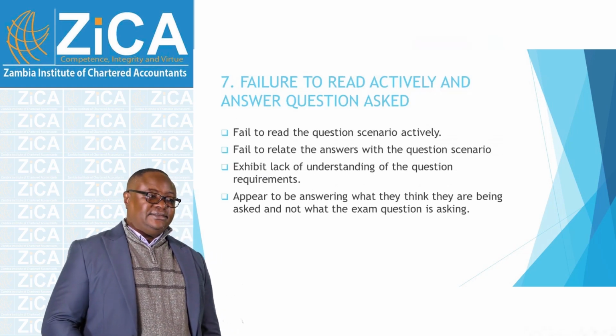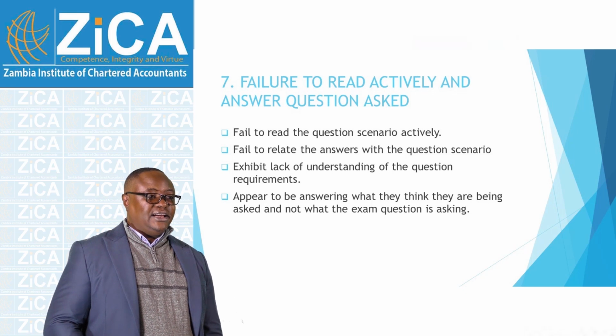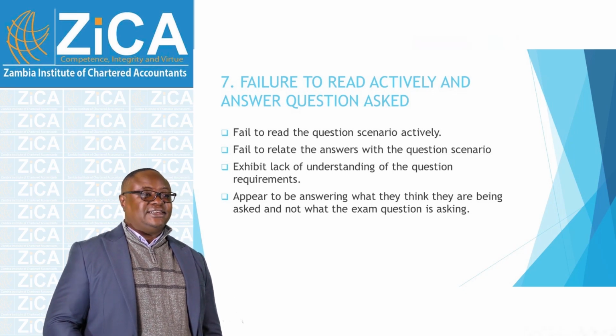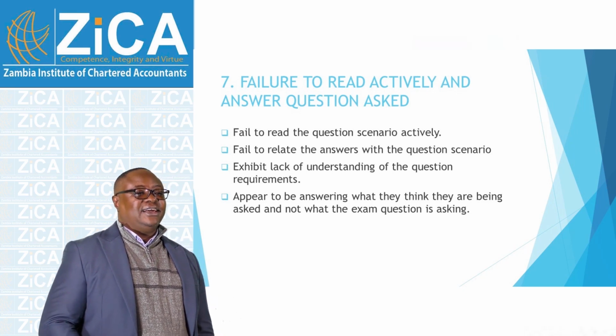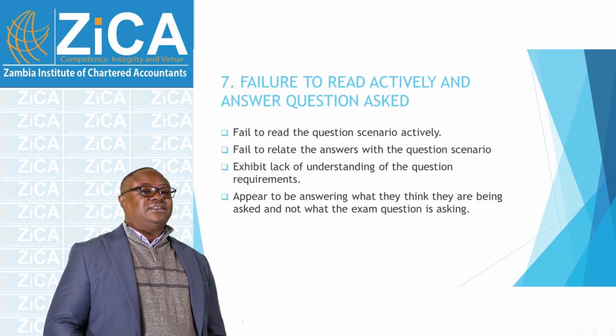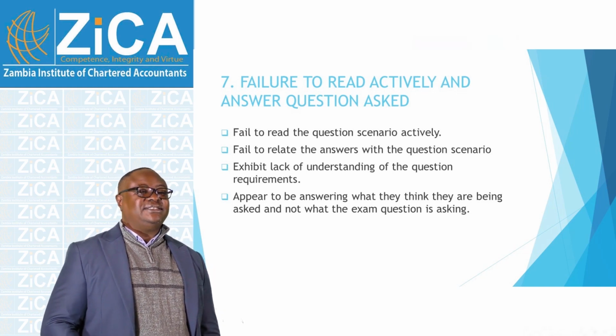Number 7, failure to read actively and answer the question asked. Mostly students exhibit this tendency of providing answers to questions that have not been asked.